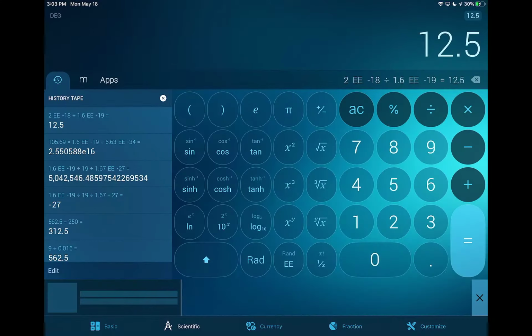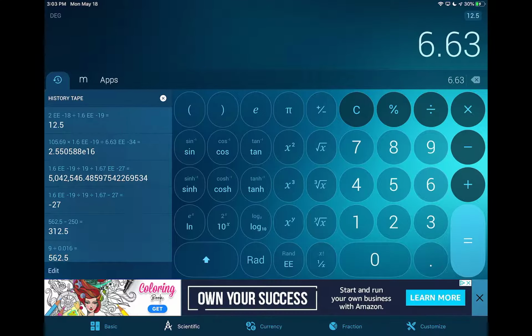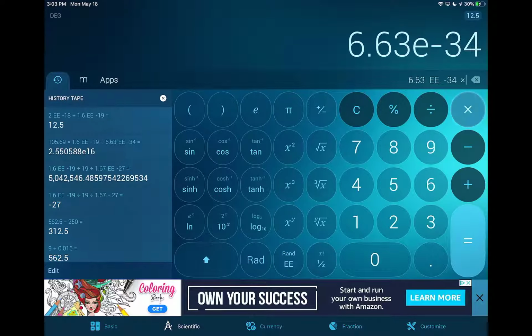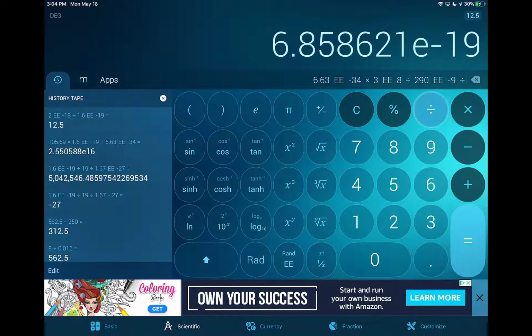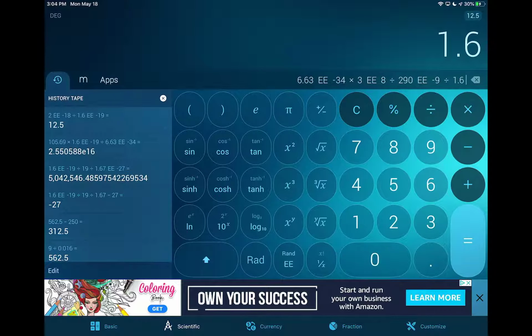So h was 6.63 times 10 to the minus 34 times 3 times 10 to the 8 divided by 290 times 10 to the negative 9, and then divide by 1.6 times 10 to the minus 19.